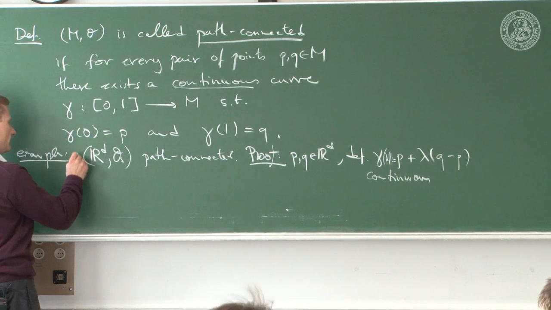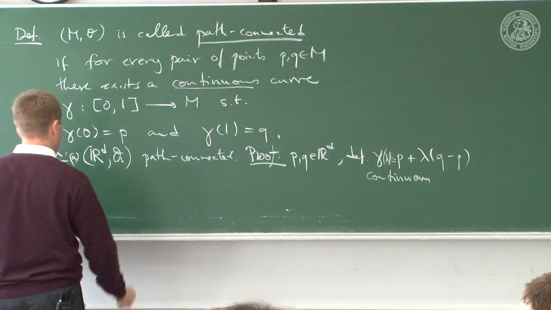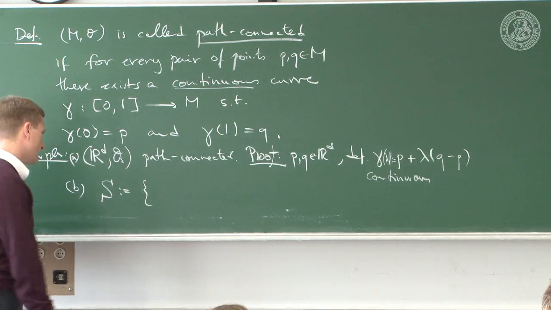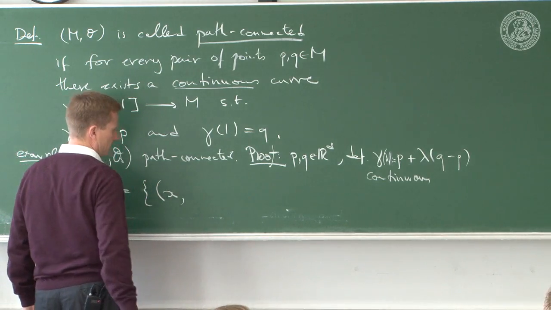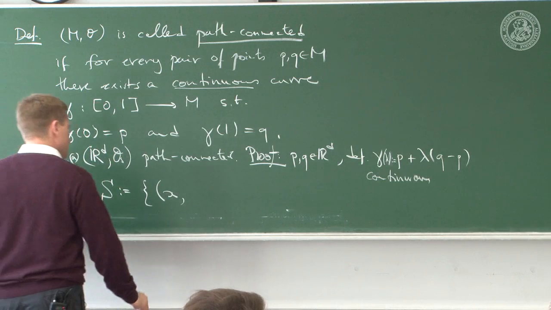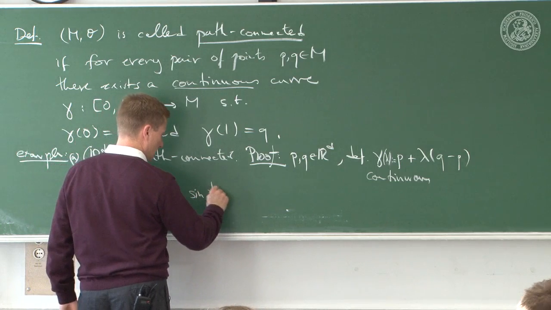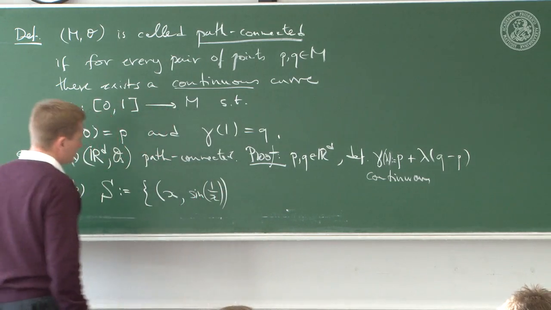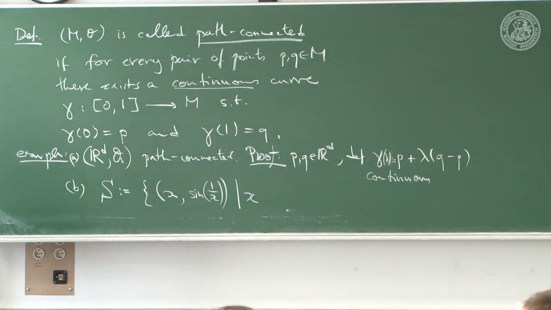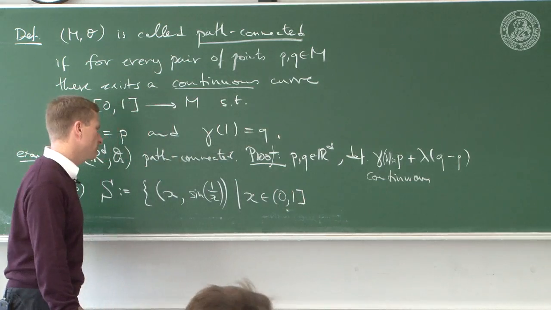That's the first example. For the second example, a not path connected space, one has to work a little harder. We define the set S. How does that look? That's the graph of sine of 1 over x, and the x comes from the interval (0, 1], but the 0 is excluded.